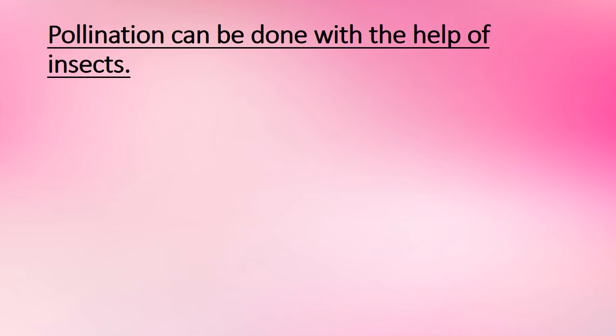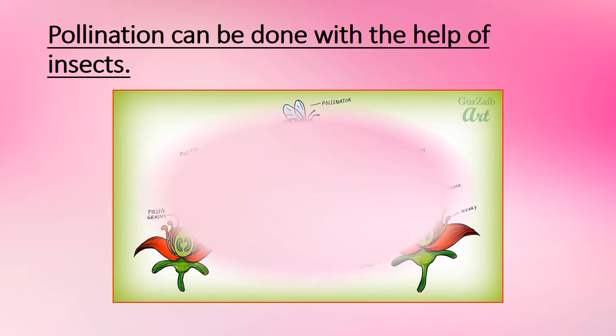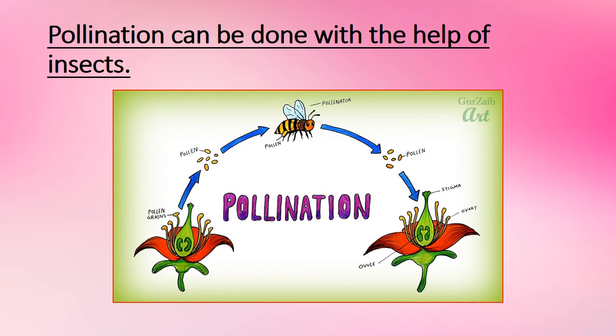Students, insects also help in pollination. How? When they go in search of food, they land upon a flower, and the pollen grains of that flower stick to their bodies.